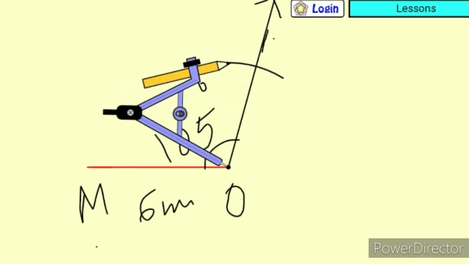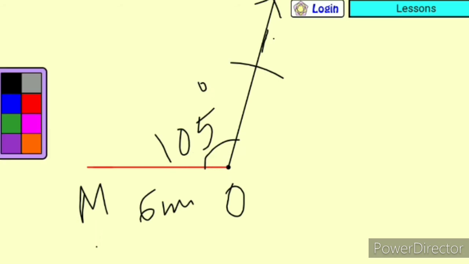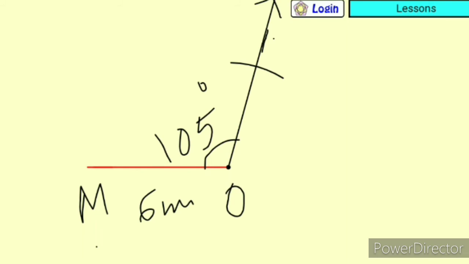Where it cuts that ray, there you give the name R. It is R. How much is it? 4.5 centimeter. And remaining, only angles we are having.